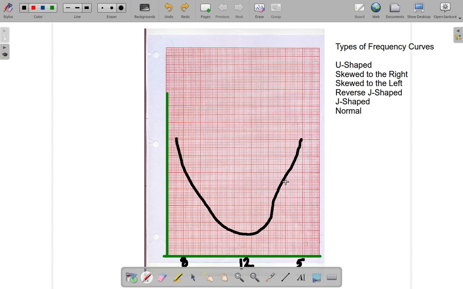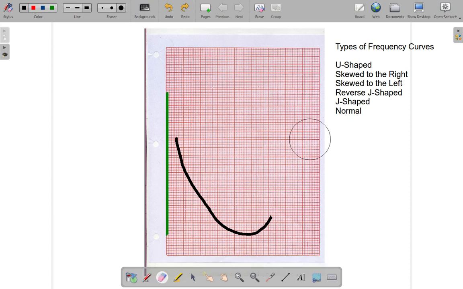And also in the evening as they come from school and work, they're buying the evening newspaper. But in the middle of the day, you don't really have as much sales because there isn't a lot of people traveling or backed up at the traffic lights. Alright, so that's a U-shaped curve.